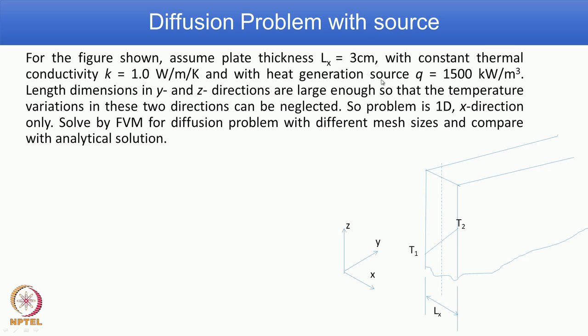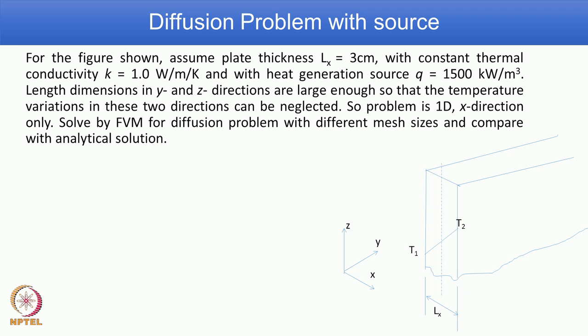In addition, there is a heat generation source term, with value given as 1500 kilowatt per meter cube. Though it is shown as 3D, the dimensions in the y direction as well as in the z direction are so large that temperature variation along the y and z directions can be neglected. Hence, the problem is 1D.